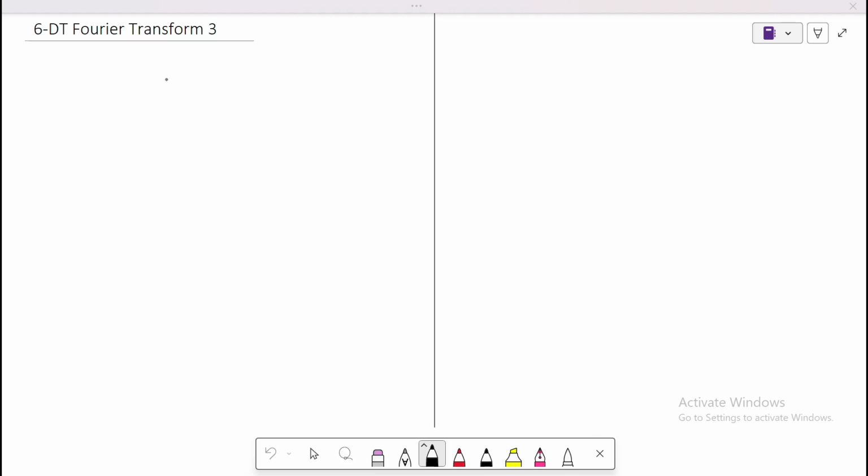Here, again, I would like to write the discrete time Fourier transform formula. See, this is x of n. So x of n is an aperiodic discrete time signal.